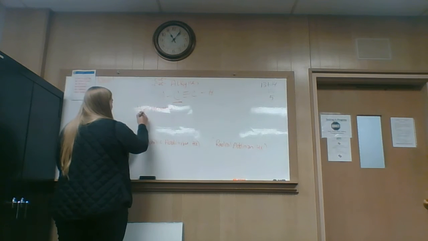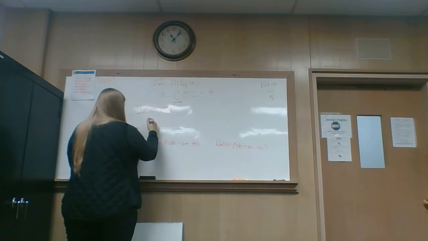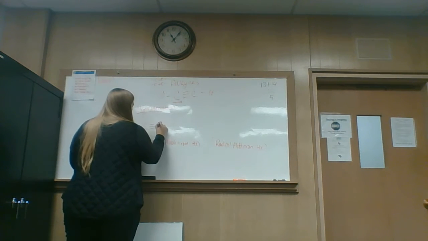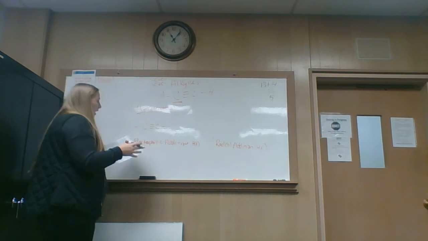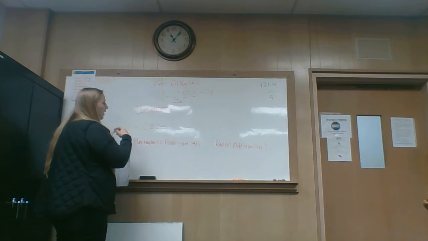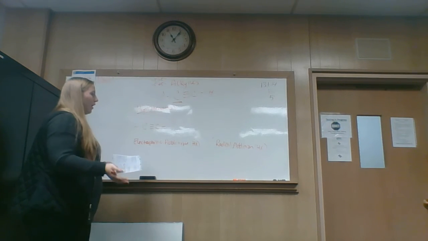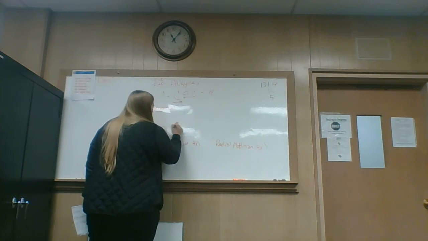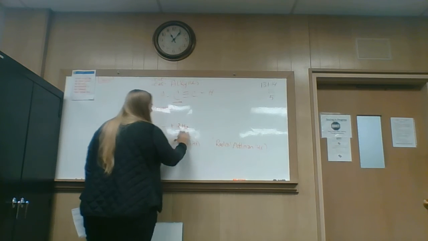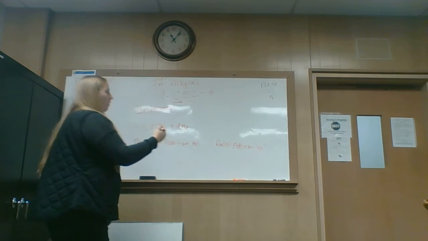So in hydrogenation, we're obviously adding hydrogen, okay? This is a type of addition reaction, so we're going to break a pi bond, add hydrogen, and then break the other pi bond, add more hydrogen. A simplified way of drawing this is you're adding two hydrogen molecules.